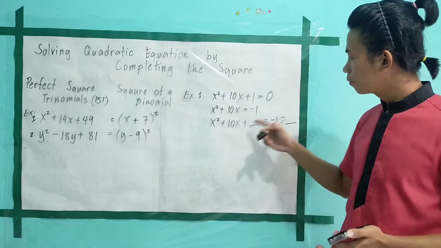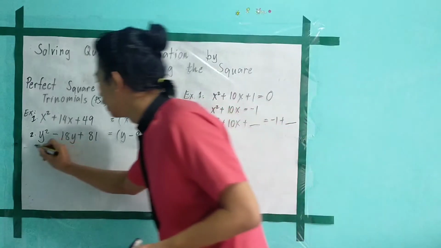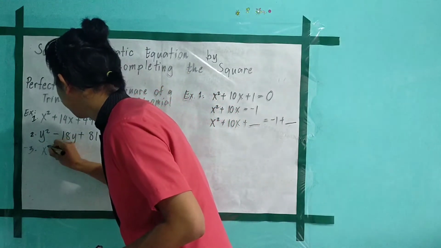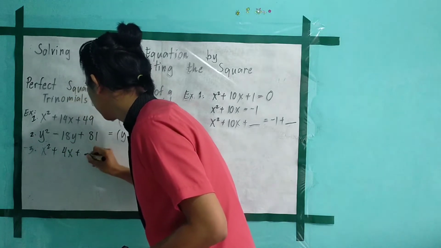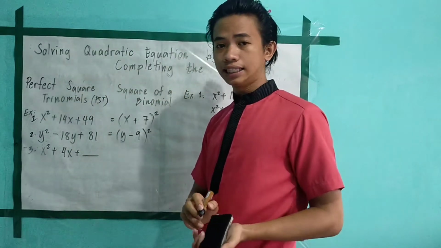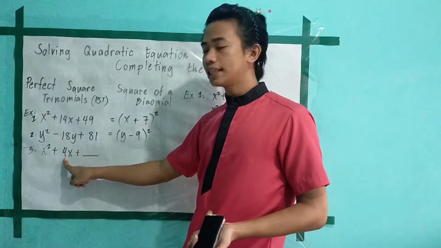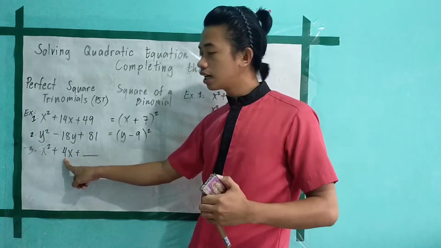So, paano nga ba yung pag-form ng perfect square trinomial? Okay, consider natin tong given example na to. x squared plus 4x plus blank. Ano yung nasa blank natin? Okay? So, ganito lang. Yung b natin, na 4, i-divide natin ng 2, then square lang natin siya.